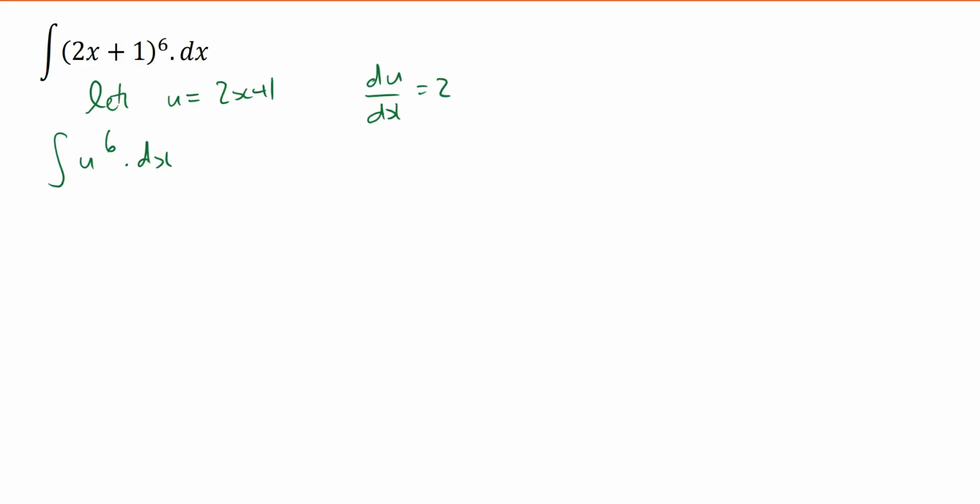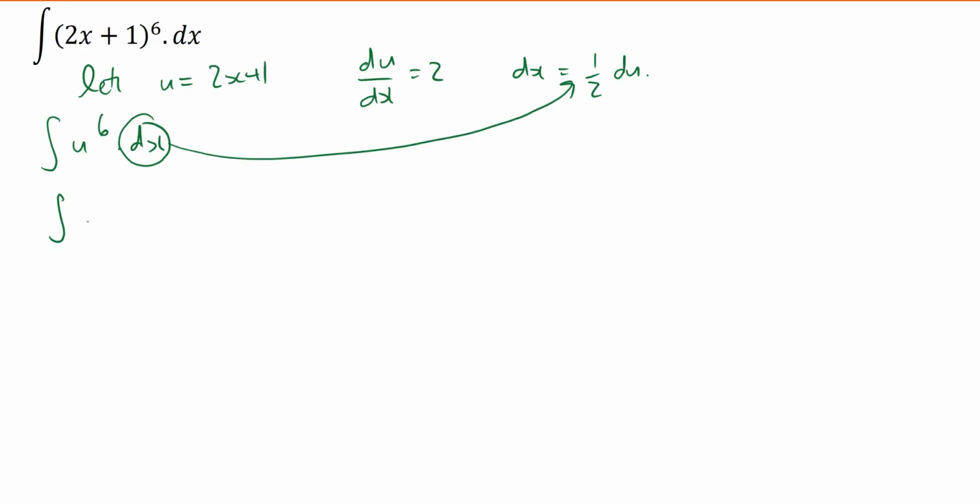So we need to make dx equal a half of du. I'm going to change that for that part there, which means I'm integrating u to the power of 6 with respect to a half of du, which I'll put at the very front because it's a constant.